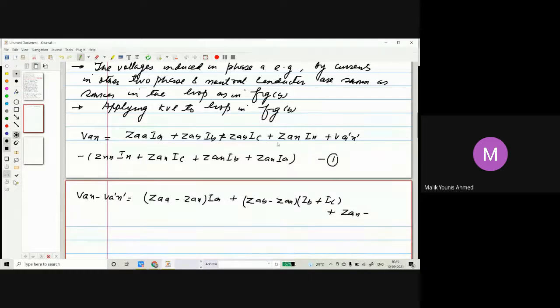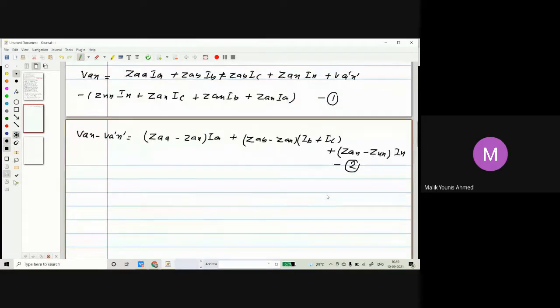See, here we have ZAN and here we have ZNN. We can take IN common. ZNN, IN. So let's write this equation number 2. So it's very clear, we are just taking the common terms, nothing else.